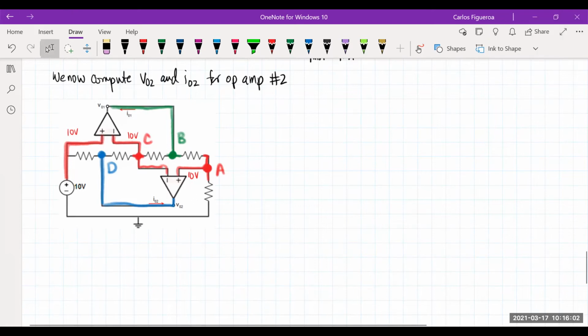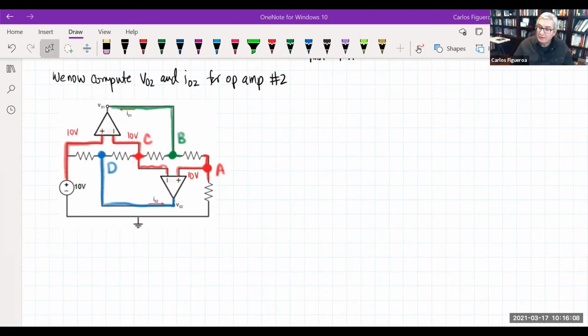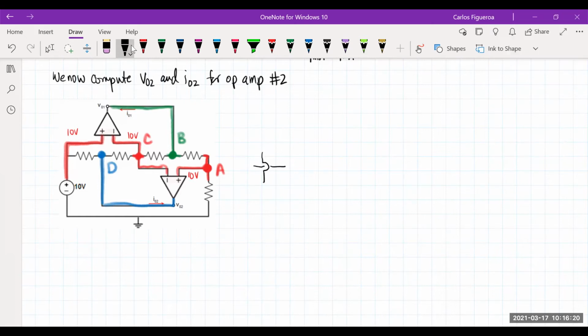Okay, it's just that in the original circuit, it looks like those wires are laying on top of each other instead of connected. They're connected, not interacting. If they were laying on top of each other, then you would have seen me do something like this. Good deal.